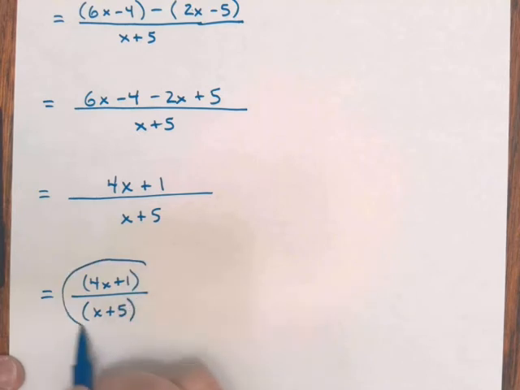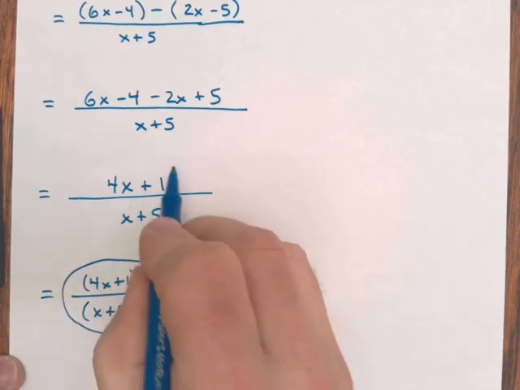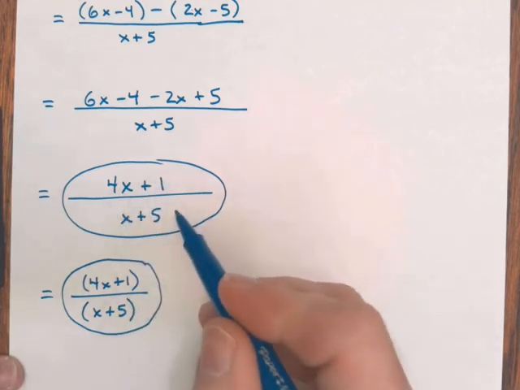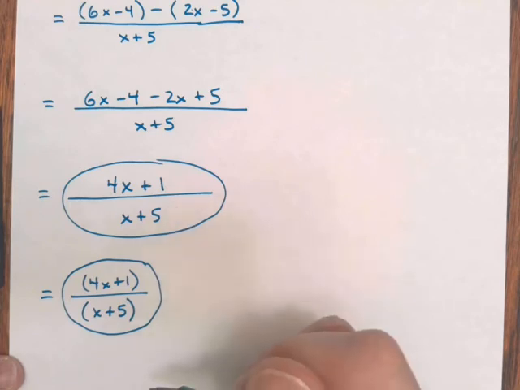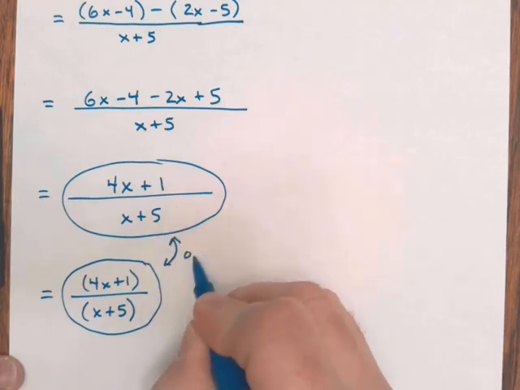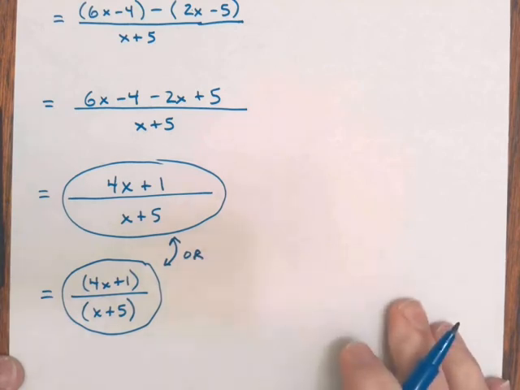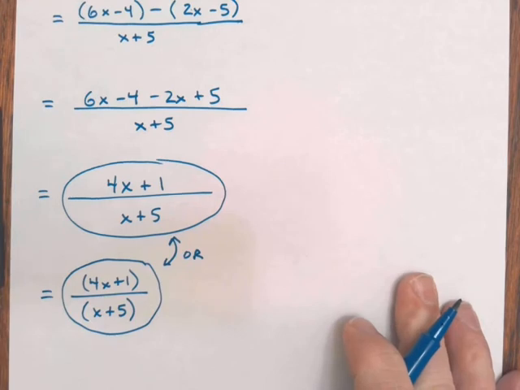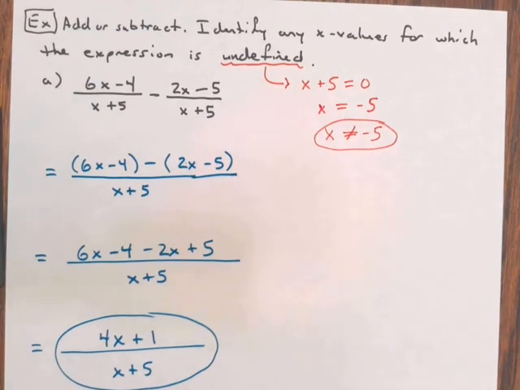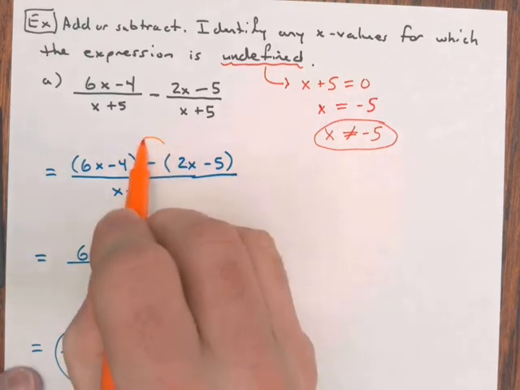You could leave your answer like this with the parentheses in it, or you could write your answer and leave the parentheses off. Most textbooks would have the parentheses removed on that, but either one of those would be okay. With that said, there is one step of work that is kind of optional, and that is this step right here.